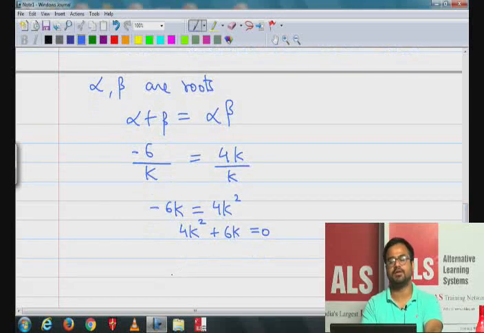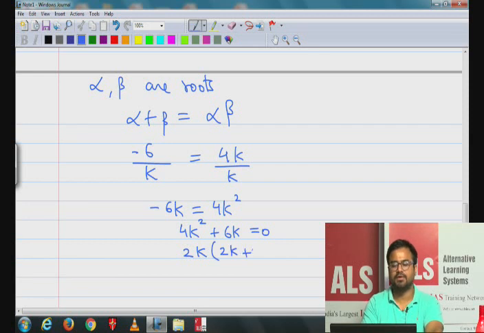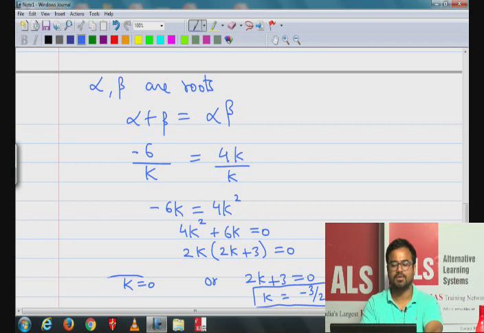If you take 2k as common, we'll be left with 2k plus 3 equal to 0. Now two possibilities are there. Either k will be equal to 0 or 2k plus 3 equal to 0. From here we can figure out k is equal to minus 3 by 2 or 0. Two values of k are possible.